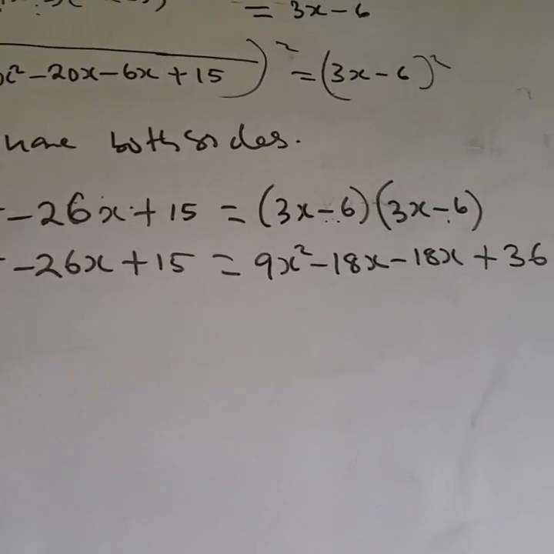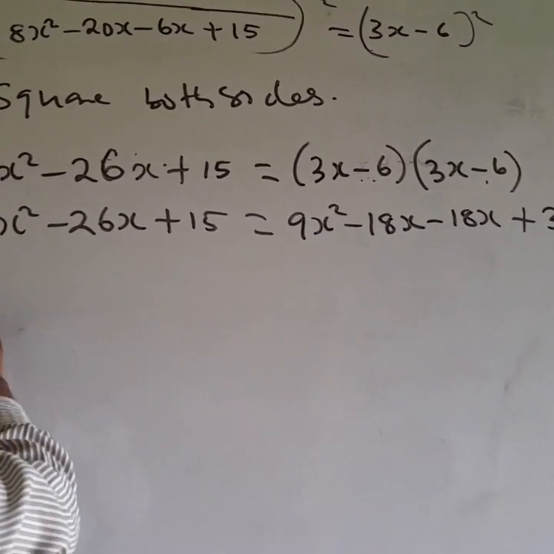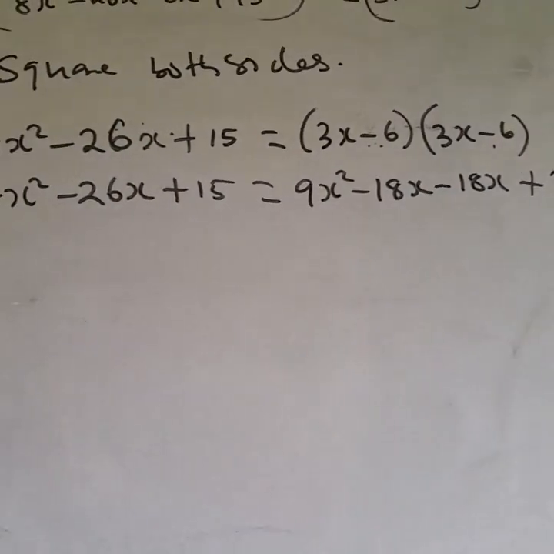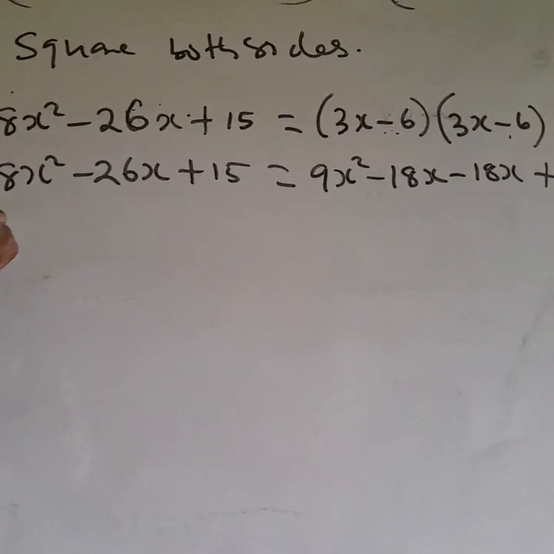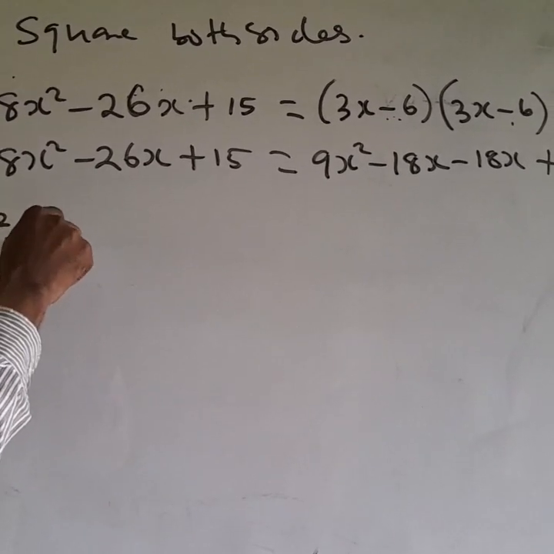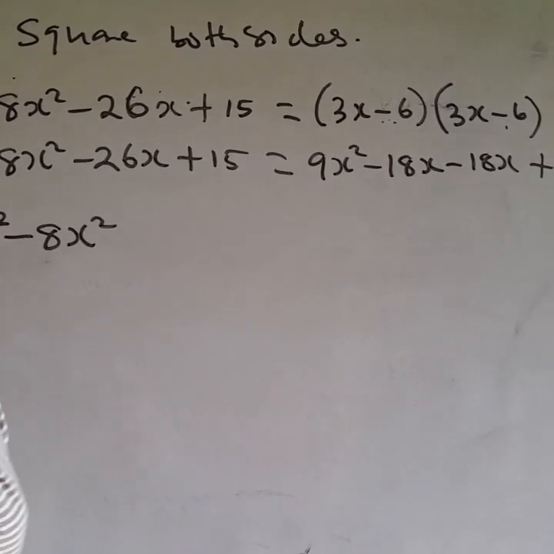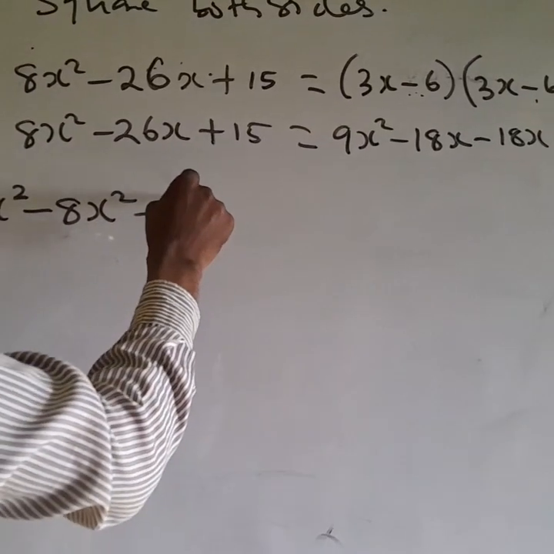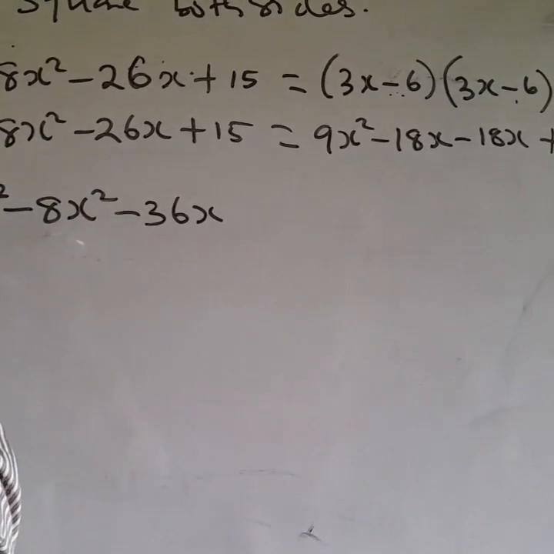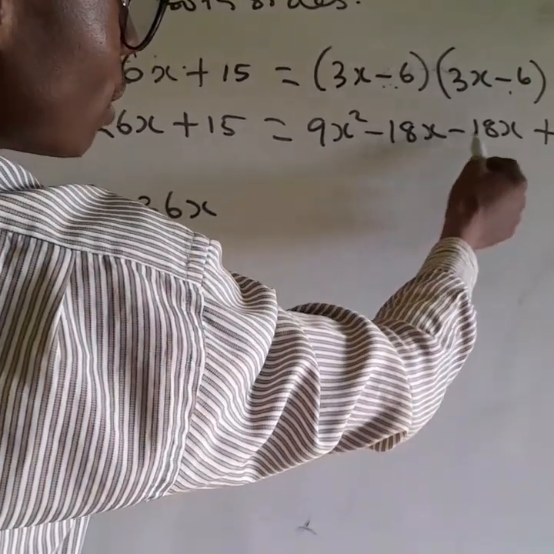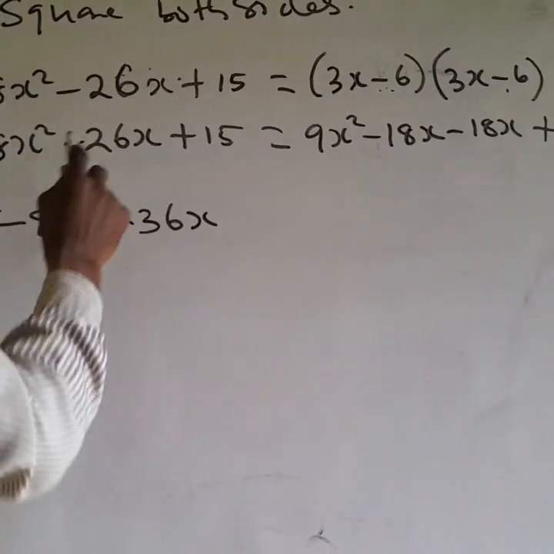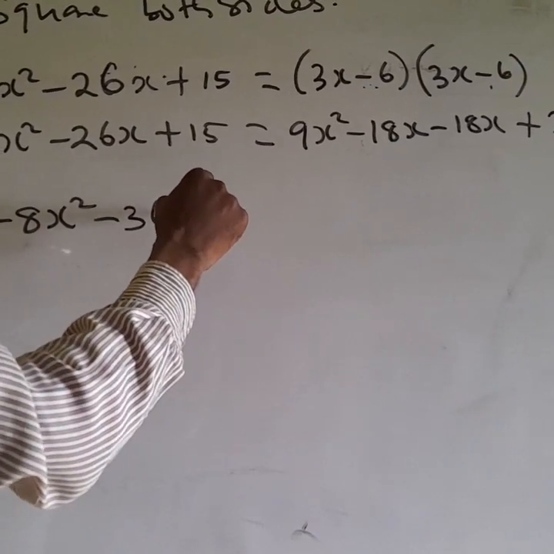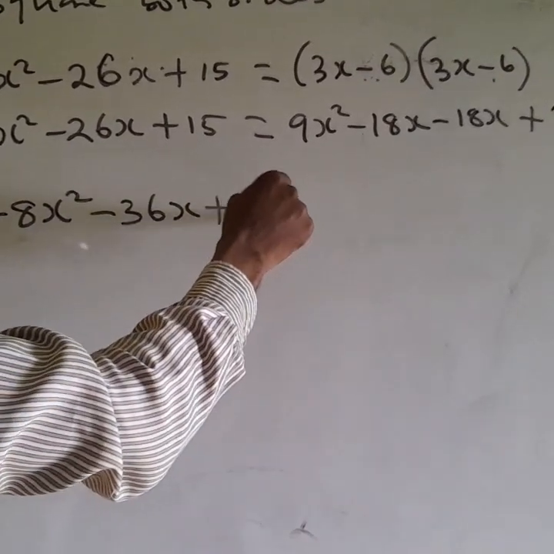We can collect like terms by moving everything at the left hand side of the equation to the right hand side, thereby writing it as 9x squared minus 8x squared. Here we have 36, and minus 18x minus 18x will give us minus 36x. Now this one is plus 26x; when it crosses the equality sign, it becomes plus.